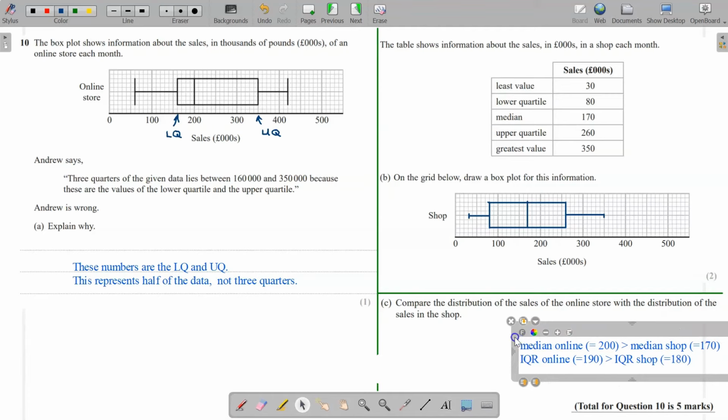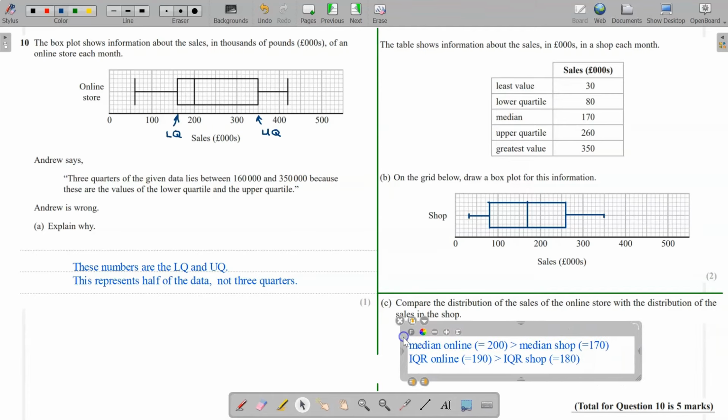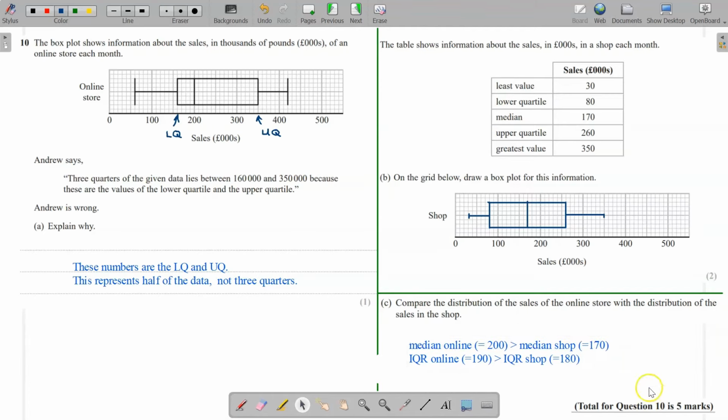Ideally include the numbers, but if you do, then you must have them accurate. So I've said the median for the online store is 200, which is greater than the median for the shop, which is 170. And similarly, the IQR for the online store is 190, and the IQR for the shop is 180. That's it. And that will get you the marks.